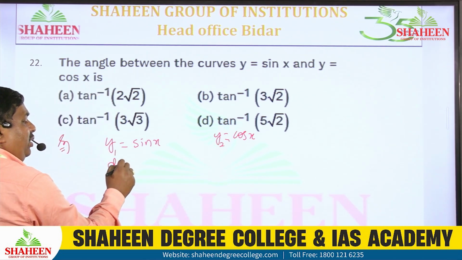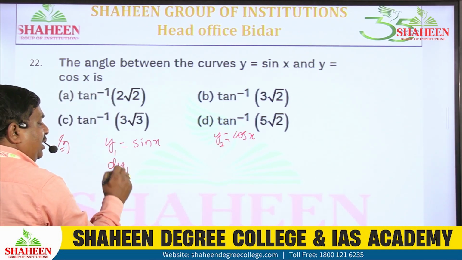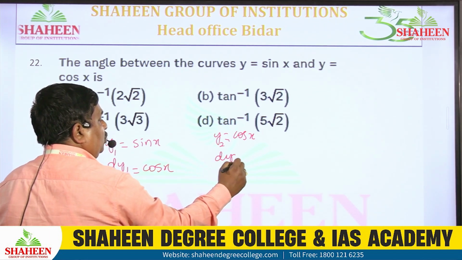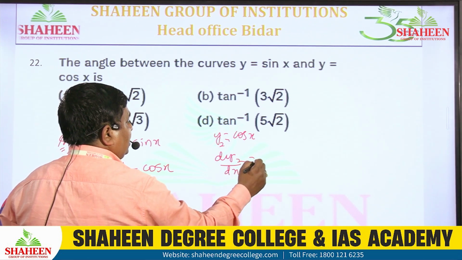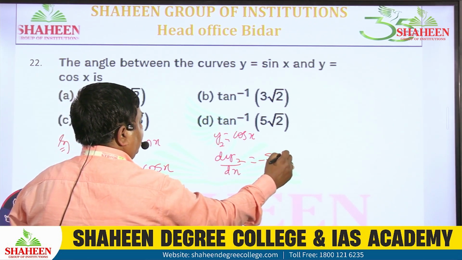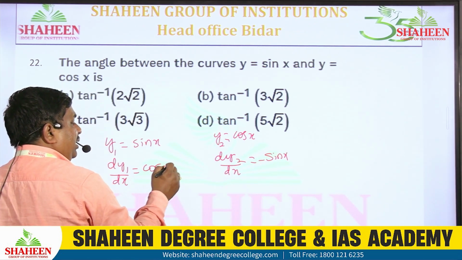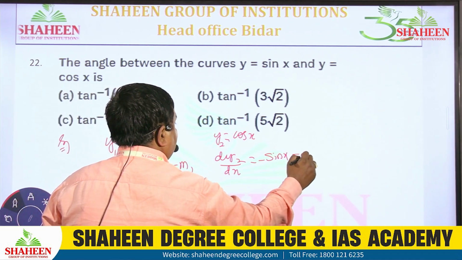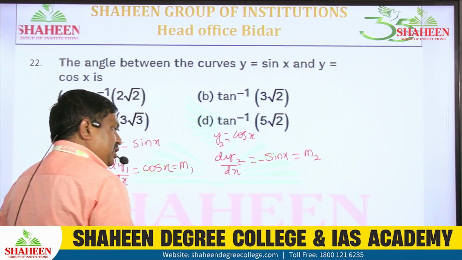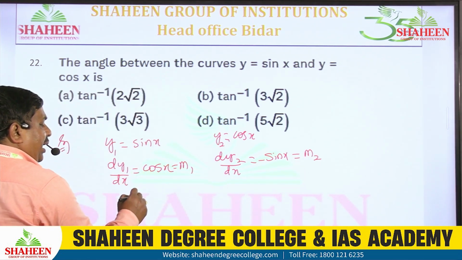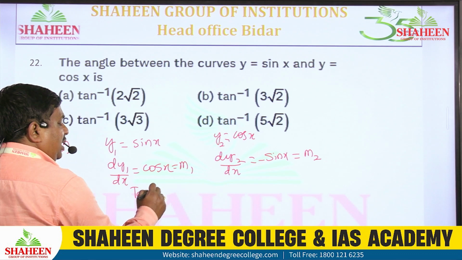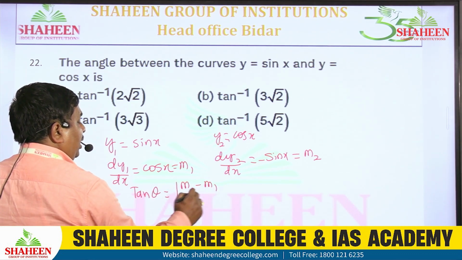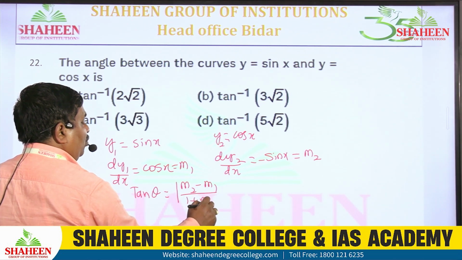Then the derivative dy1 by dx is equal to cos x, and dy2 by dx is equal to minus sin x. This dy1 by dx is the slope of the first tangent, and the second one is the slope of the second tangent. And we know that the angle between the two lines is tan theta equal to modulus of m2 minus m1 divided by 1 plus m1 into m2.